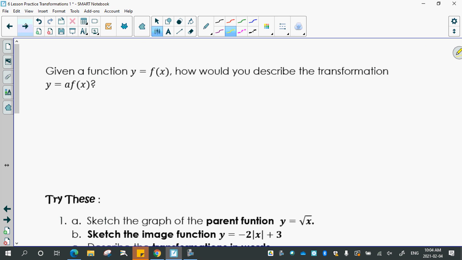So given a function y equals f of x, how would you describe the transformation y equals a f of x? So a number up front multiplying by f of x. What does that number out front do?